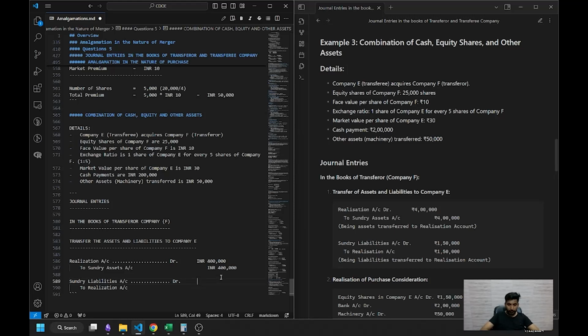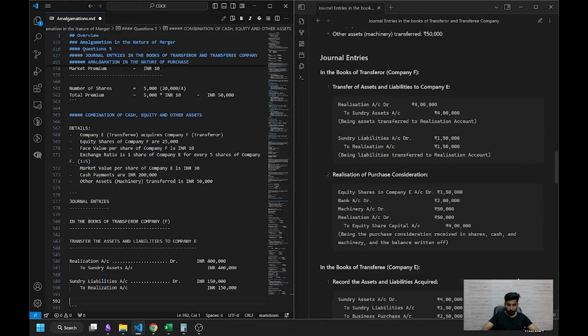Now the liabilities will be rupees 1,50,000 to realization account and INR rupees 1 lakh. Now how did this 1,50,000 come? This is the cash payments minus the other assets which have been transferred.